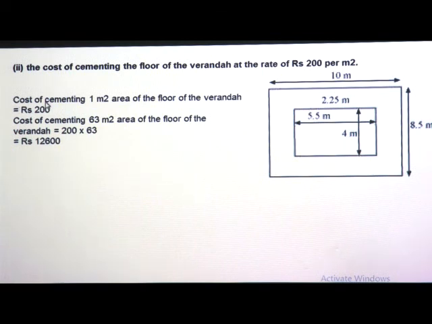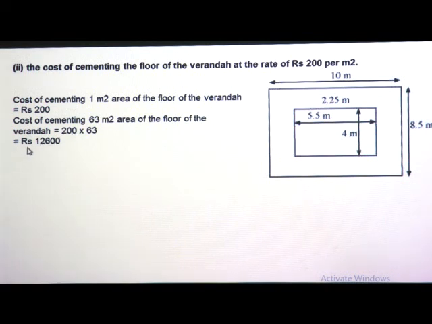So, the cost of cementing 1 meter square area of the floor of veranda is equal to 200 rupees. So, the cost of cementing 63 meter square area of the floor of the veranda is equal to 200 multiplied by 63. You can use the magic of 0 here: 63 twos are 126, and then the two 0s.